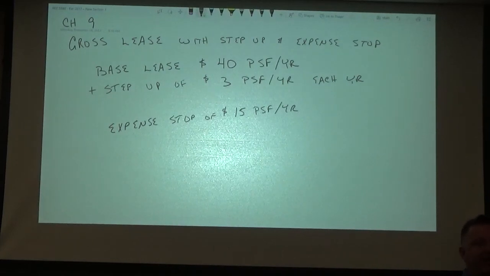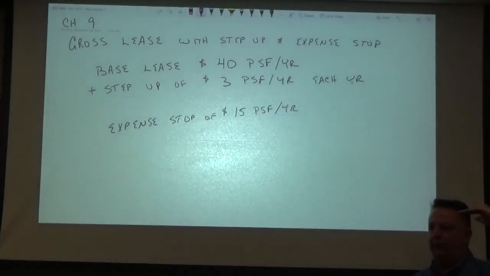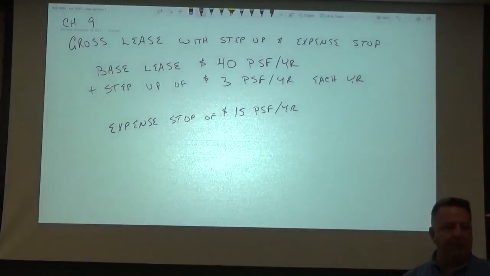In other words, the landlord will take on the responsibility of the first $15 of expenses, but if the tenant consumes a ridiculous amount of electricity, water, or whatever other services may be offered on premises, once that cost exceeds $15 per square foot, the tenant will be responsible.